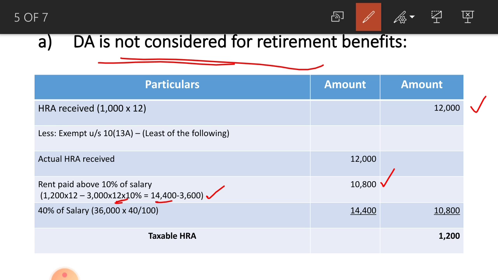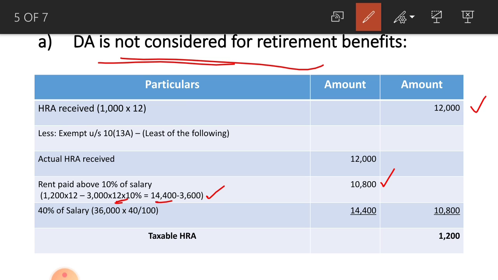Next one, 40% of salary, because in this problem nothing is mentioned about the city in which he is living. At that time you have to consider as he is not living in metropolitan cities. If he is living in metropolitan city, they will particularly mention that thing. If they are not mentioning Delhi, Mumbai, Kolkata or Chennai, that means he is living other than metropolitan city.